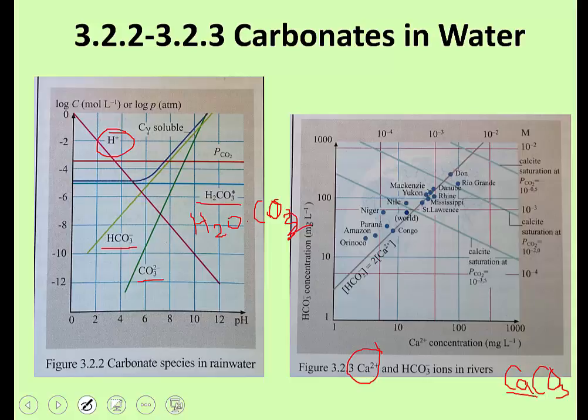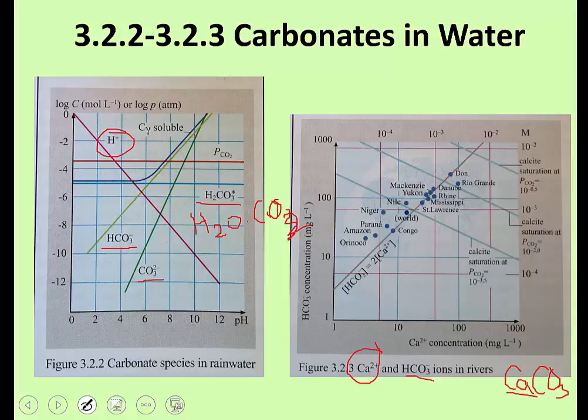Now, in the author's figure, he talks about the equilibrium of calcium with hydrogen carbonate in rivers. You can also look at this in lakes and streams, but this is in a moving body of water. And what he is trying to point out in this one is that the nature of the river and the amount of calcium affects the equilibrium that you have going on.